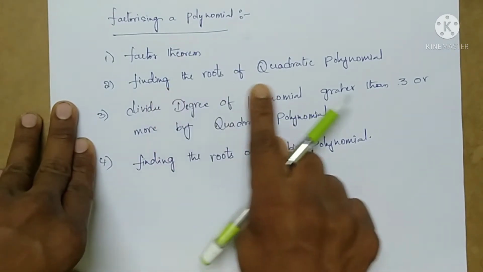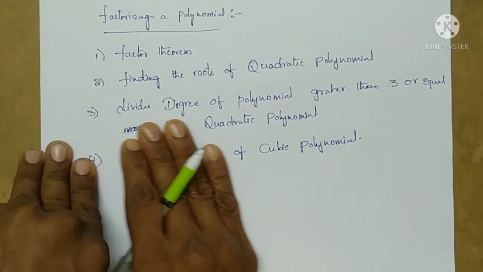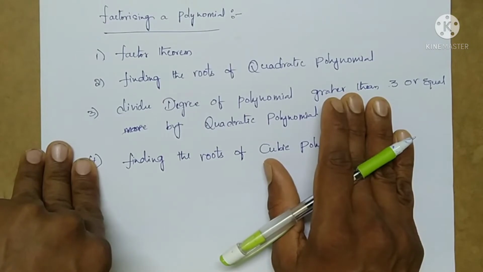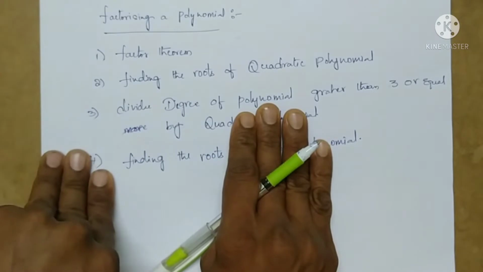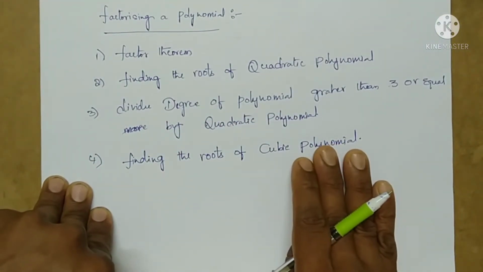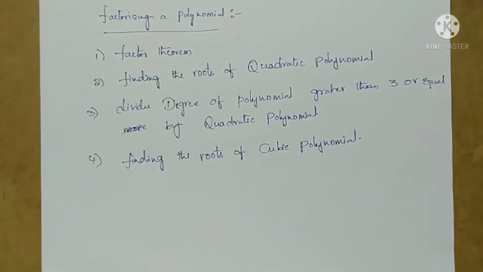Next, finding the roots of a quadratic polynomial. Next, dividing a polynomial of degree greater than or equal to 3 by a quadratic polynomial. Fourth, finding the roots of a cubic polynomial. First one, factor theorem. Okay.